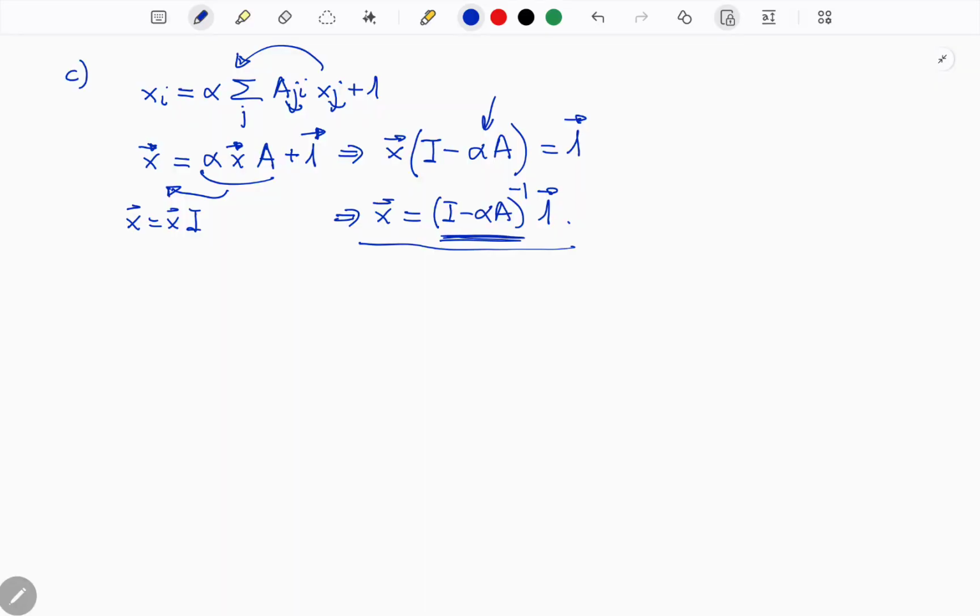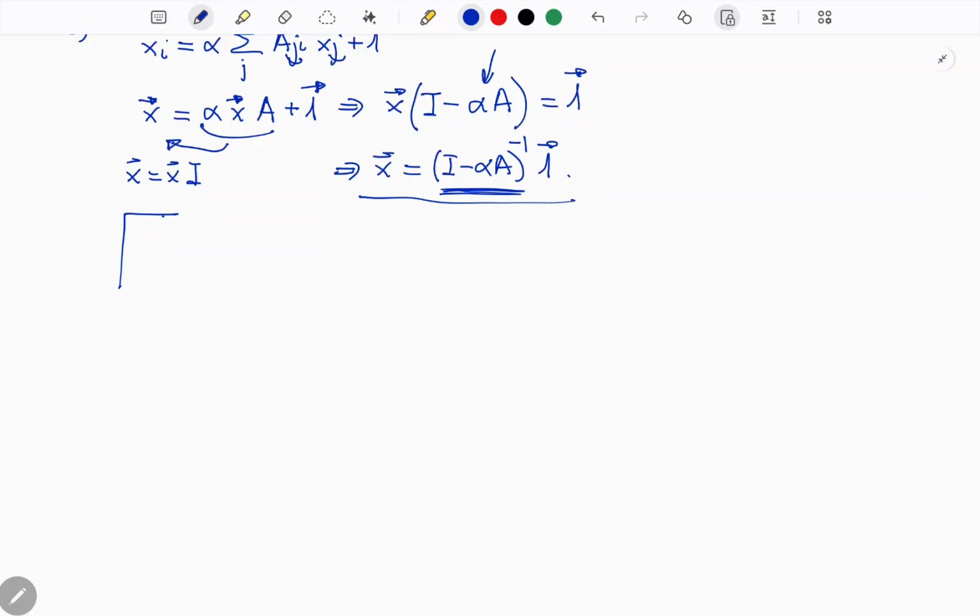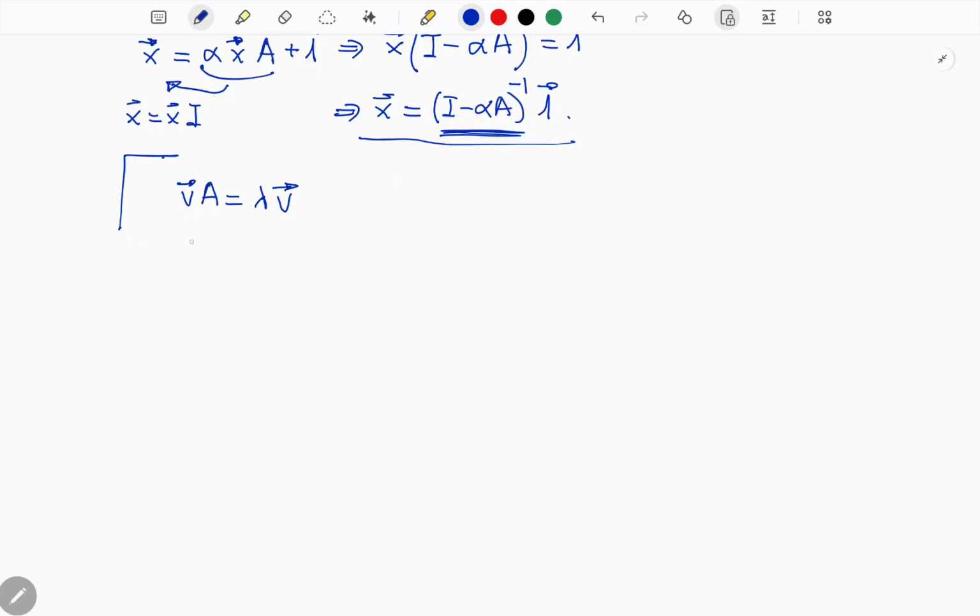Now I'm going to talk a little bit about what happens if we have an eigenvector v of A. I'm going to multiply on the left side; it doesn't matter in this case because A is symmetric. If I have a row vector v times A, then this has to be equal to lambda v. So let's see what happens with the matrix I minus alpha A when I multiply this matrix by the row vector v.